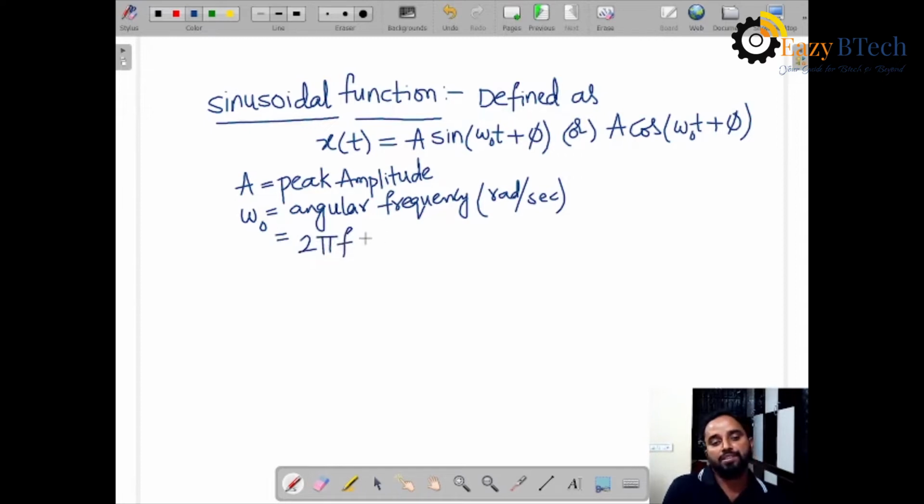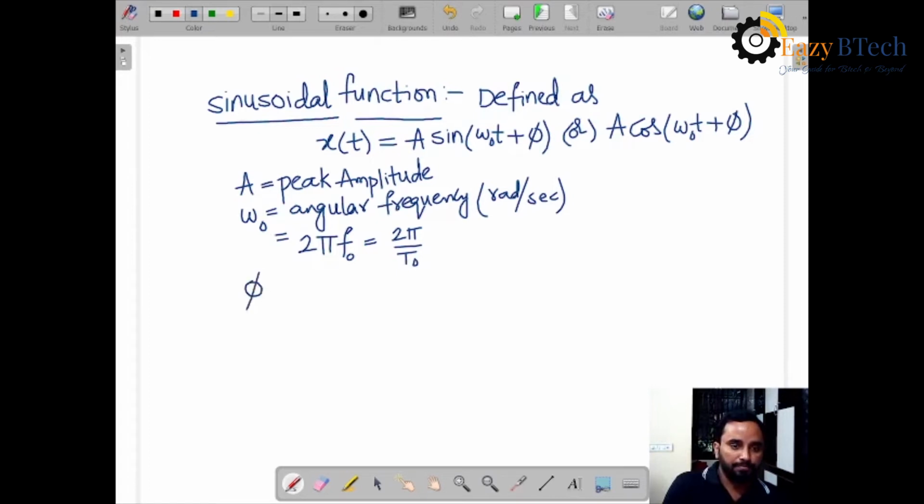F is the frequency in hertz. So 2 pi into f, or f naught also we can write because I am writing omega naught. And f naught we can write 1 by T naught. T naught is time period. So this is about omega naught.